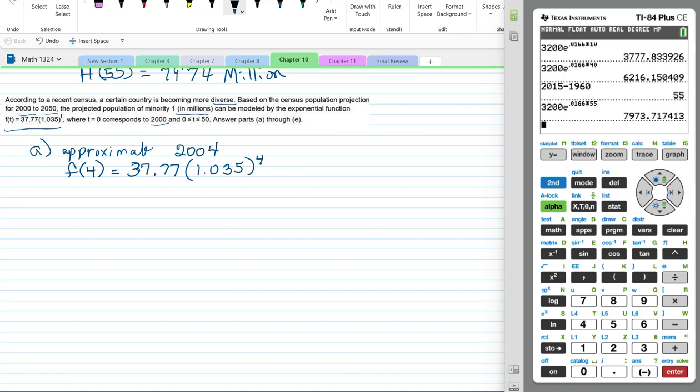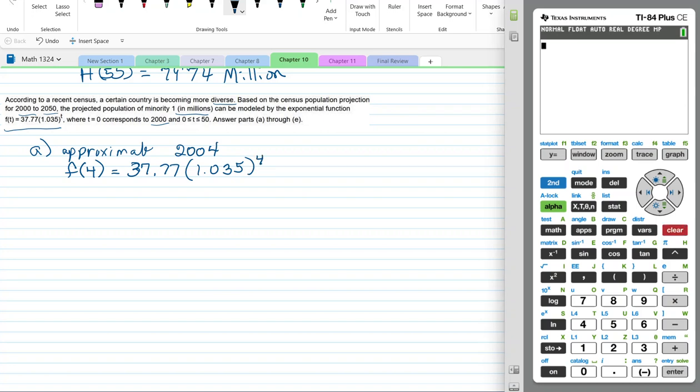And again, we're using our home screen. I'm going to clear that. So we want to write in 37.77 times parenthesis 1.035. Oh, I didn't put my point, did I?